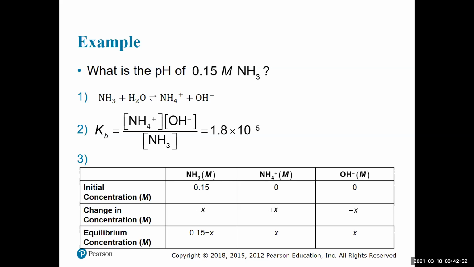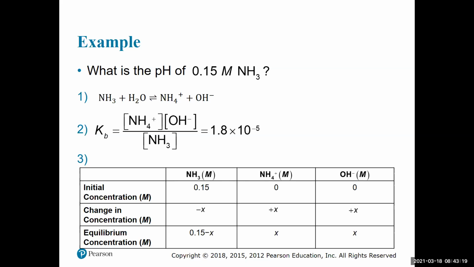Then there's going to be some change as that equilibrium gets established. And so some amount X will get reduced from the 0.15, some amount X will form for the NH4 plus and the OH minus. Then we re-express that as the equilibrium concentration, 0.15 minus X, X, and X.